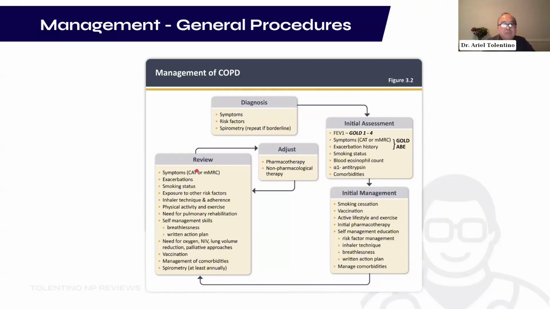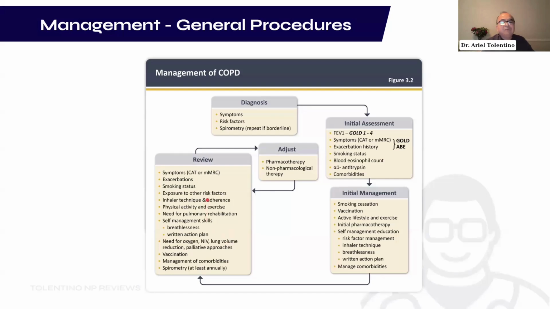You may review the patient's condition. You may do a repeat CAT score and MMRC, checking for exacerbations, seeing if we've been successful with the cessation of smoking, and check for exposure to those risk factors and others. Okay.